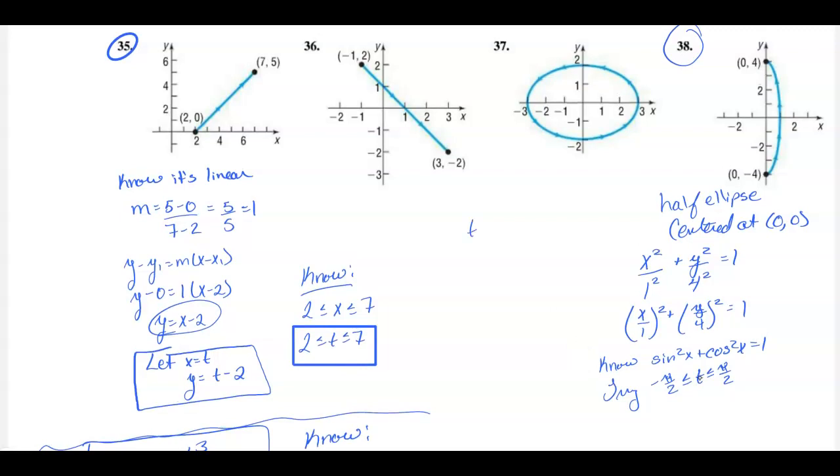So here's my t. I'm going to let x be equal to cosine of t. So there's my x. And then y is going to be equal to 4 sine of t. So x equals cosine of t, and y is equal to 4 sine of t.